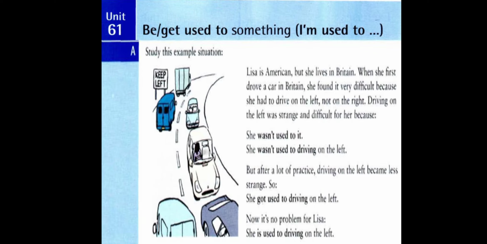In the three cases here, when we use used, we use before it either verb to be or get. When we use verb to be or get before used, then we use verb plus ing after to. And here it expresses that something became familiar or became less strange for the person.